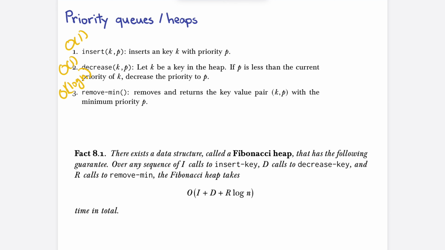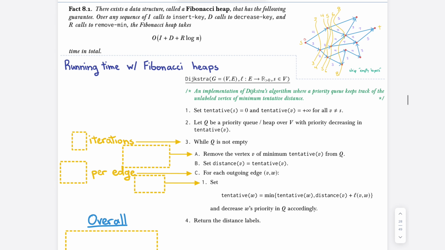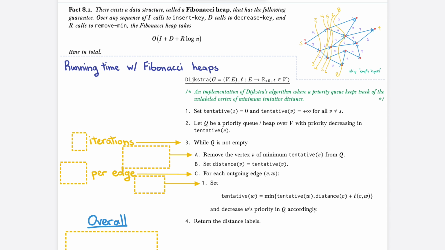We're doing okay? All right, so if I use Fibonacci heaps and we revisit our algorithm, we're still doing n iterations. You label each vertex once, and then removing the min, what was the point of this? Removing the min still takes log n time.